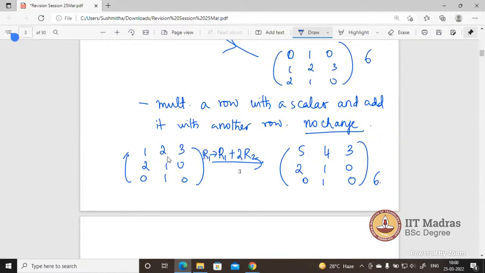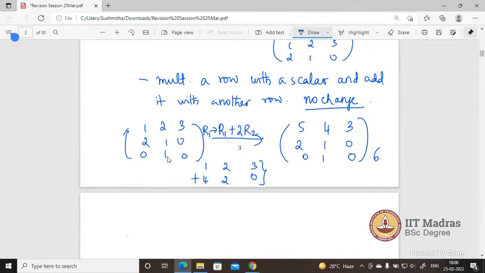The first row is replaced with the first row plus 2 times the second row: 1, 2, 3 plus 2 times the second row gives 4, 2, 0. This is my new first row. So when you do such operations, the determinant does not change.